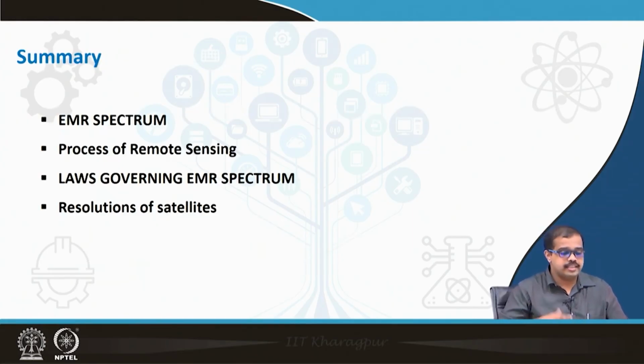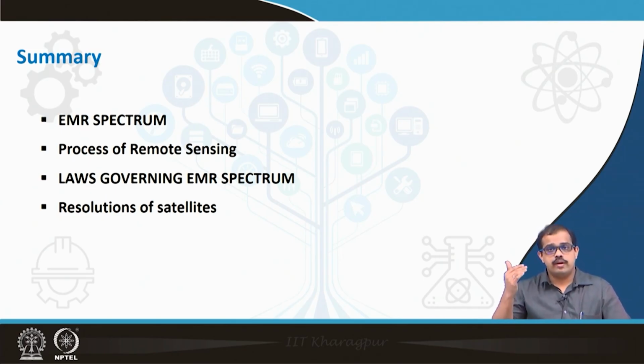To summarize this class, we first looked at what remote sensing is, then different parts of the electromagnetic spectrum, then laws. We started with the energy of a quantum, E equals h nu, then looked at the Stefan-Boltzmann law and Wien's displacement law.